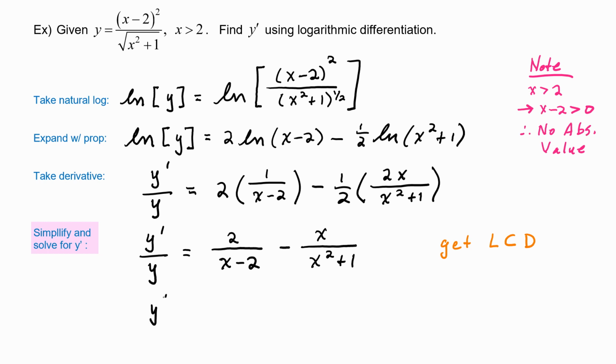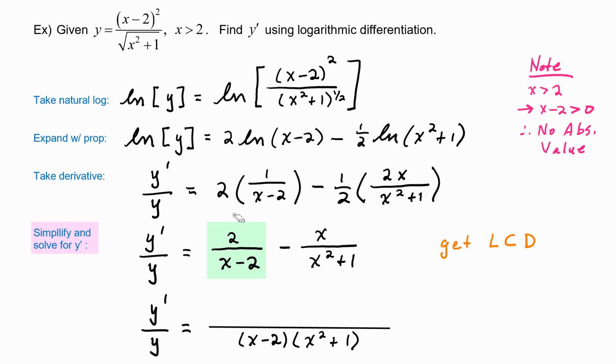So we have y prime over y is equal to, our common denominator will be the product of these two denominators. So x minus 2 times quantity x squared plus 1.